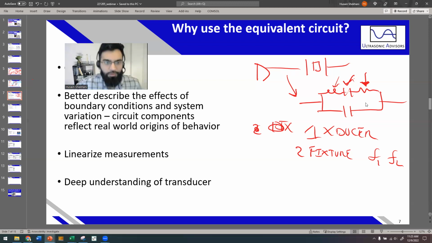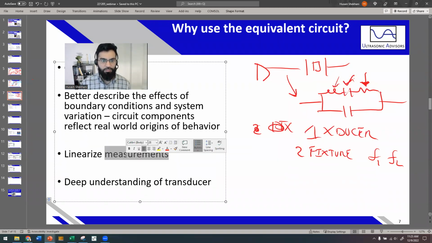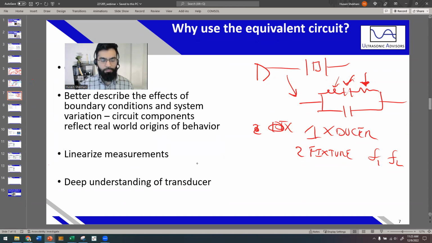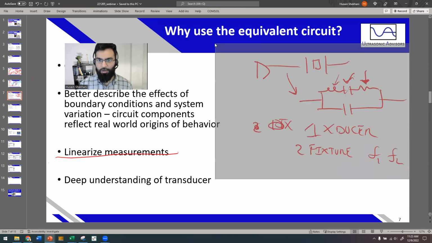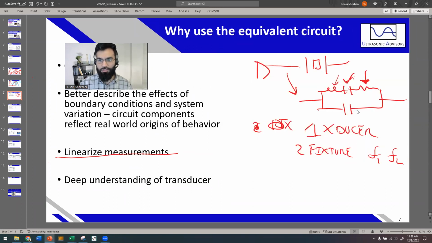Those are other, softer benefits, in terms of explaining to others what's happening in your device. This next one, I think you'll be very intrigued by: linearizing the results. All of this analysis, this equivalent circuit, only works when you have a linear system.